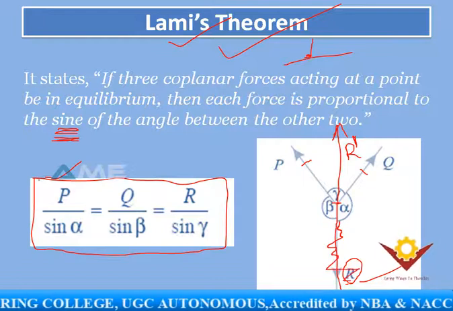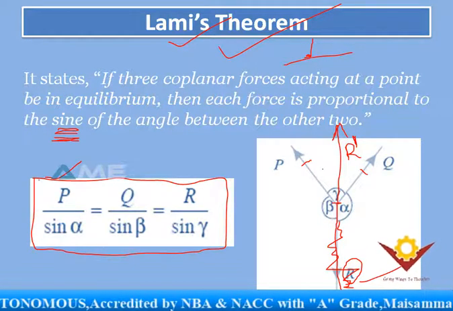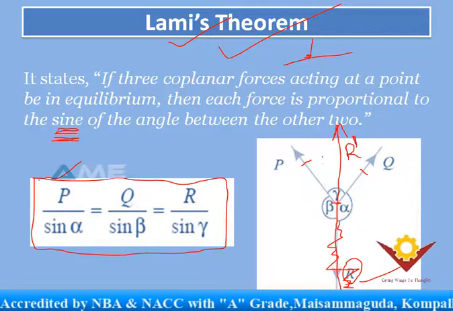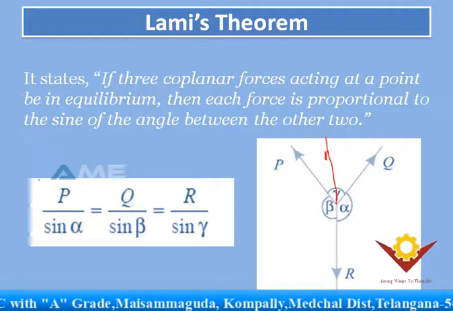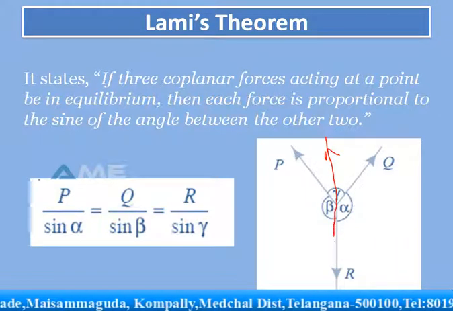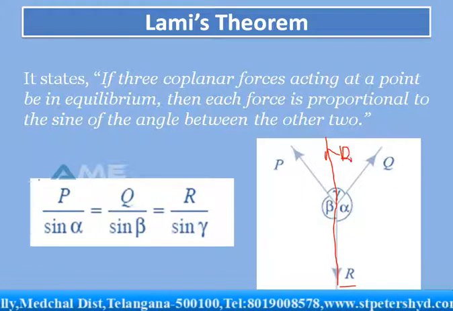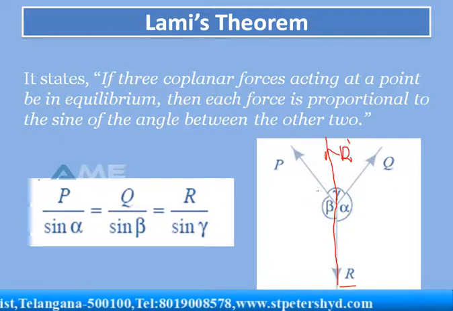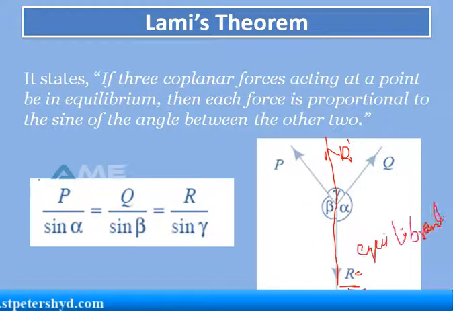Leave this R and take these two forces which are P and Q and find the resultant by parallelogram law. And after finding the resultant, you can directly take this force as R. See, if your resultant is R dash, your force which is opposite to the two forces is R, right? You can directly take this. This force we call the equilibriant.